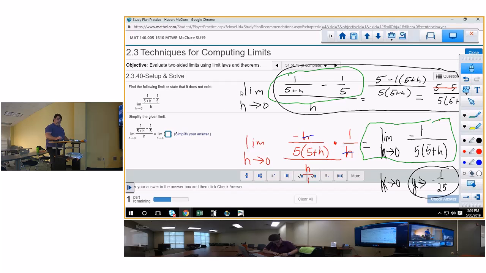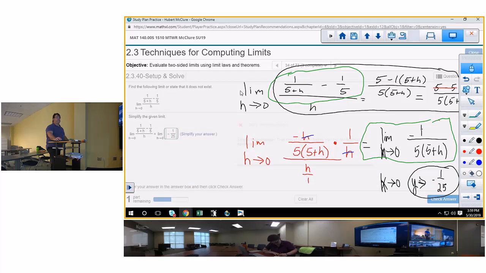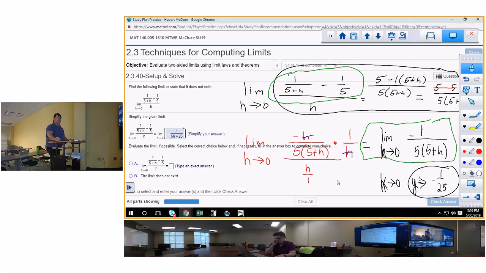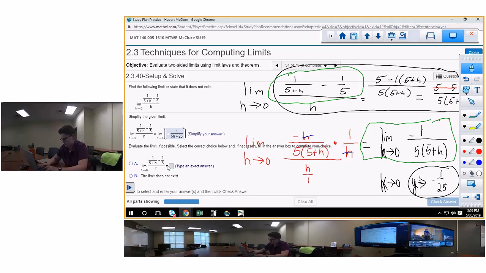I'm just going to put negative 1 over 25, but they probably want all that. I'm not going to write all that. So I'm just going to hit answer. They want this. Now they want negative 1 over 25.